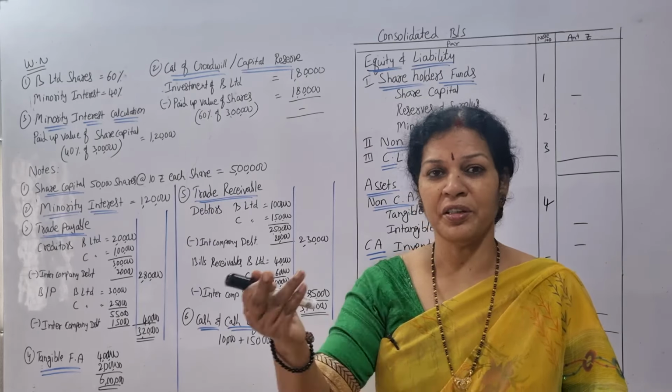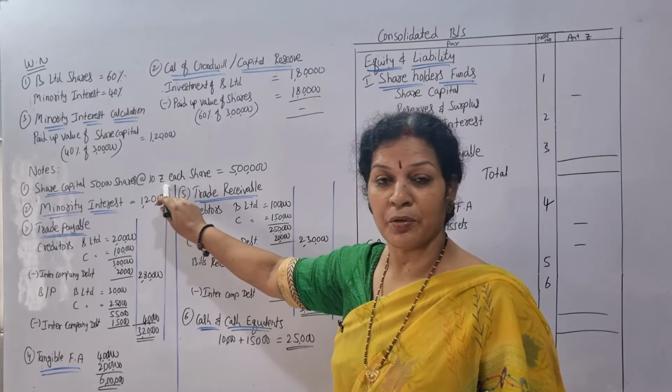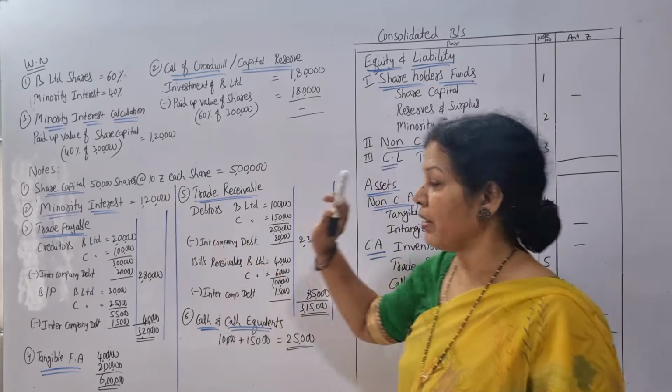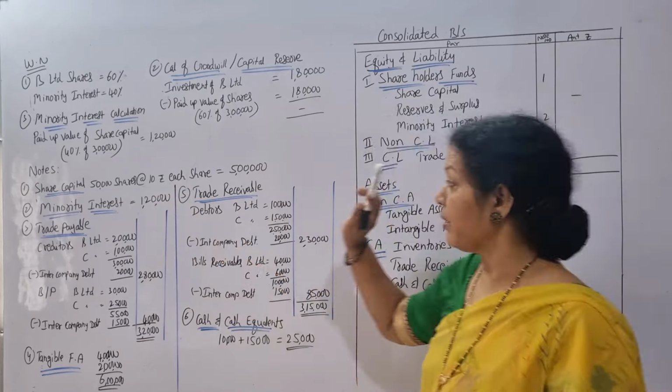We have mentioned very clearly that each share is 10 rupees. Means how many shares are there? 50,000 shares at the rate of 10 rupees each. Altogether we have 5 lakh rupees. This is note number 1. So we are writing share capital, note number 1. How much is there? 5 lakh we will write.